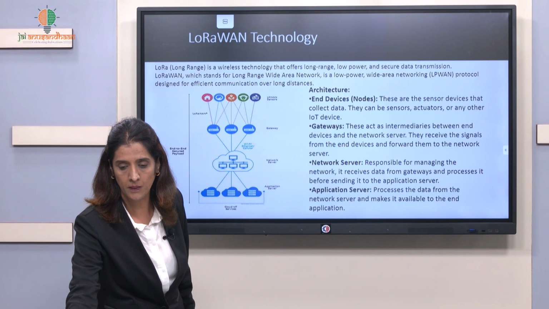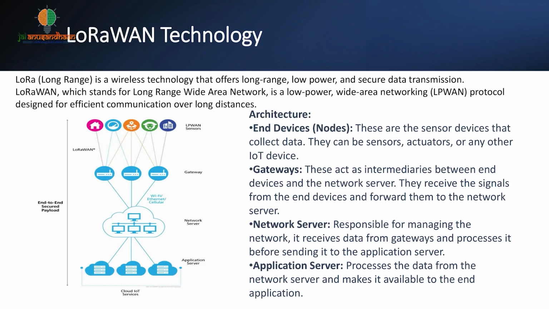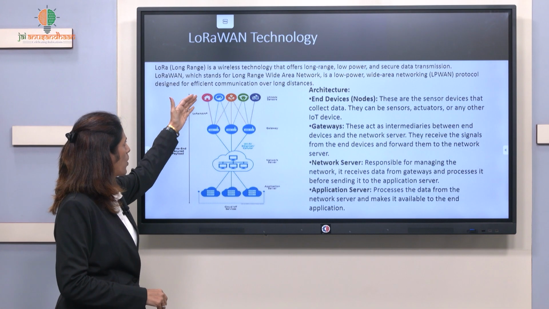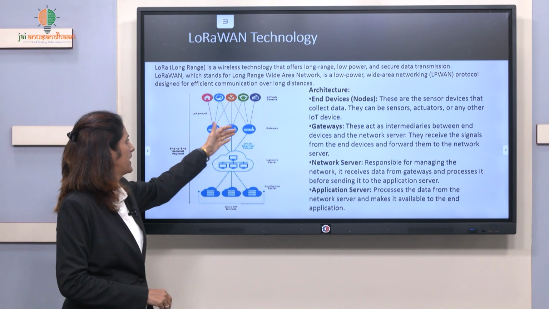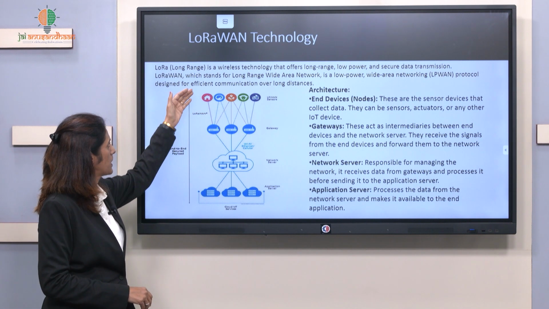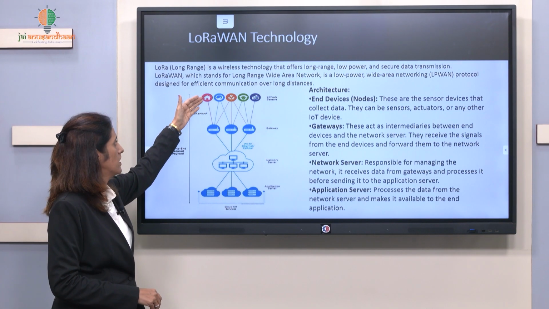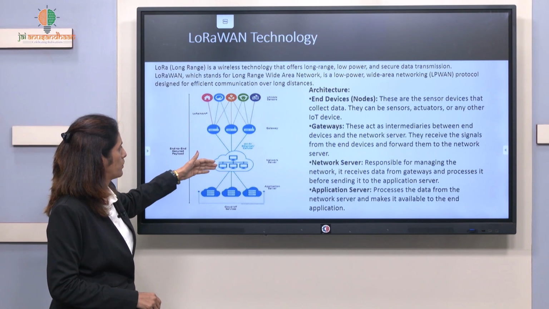Next is LoRaWAN technology. It works on radio frequency, and it also has an architecture. For example, it has end devices, which are called nodes. Then it has a gateway, which is the mediator between the node or the hardware and the network server.